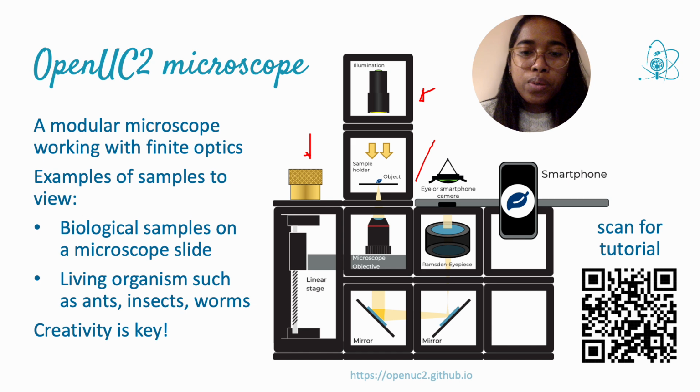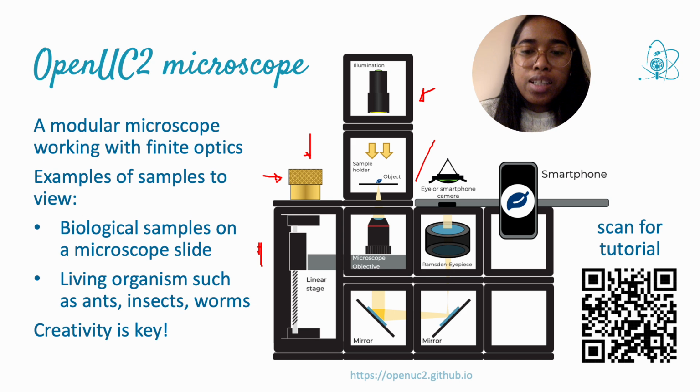So we can view it directly by eyes here, or we can use a smartphone to image the sample from this. To adjust the focus, the objective needs to move up and down. So this objective needs to move up and down. Moving it up and down can be controlled by this Z controller by turning this knob.